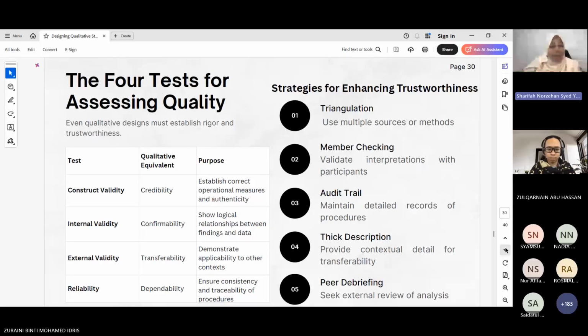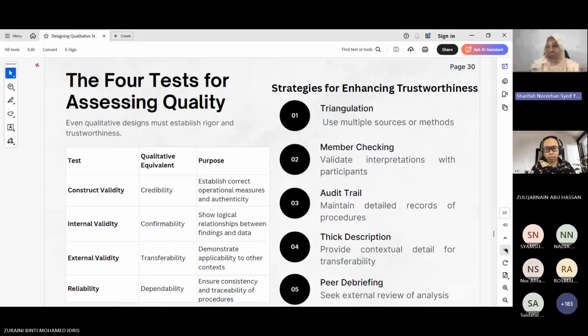But for qualitative, something more equivalent to that will be credibility, confirmability, transferability, and dependability. This is to ensure that you can enhance your data, all right? People trust your work. So make sure you do all this to ensure people can rely on your work.